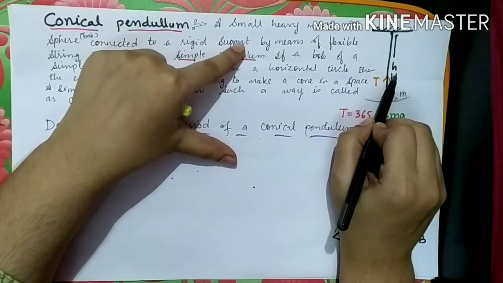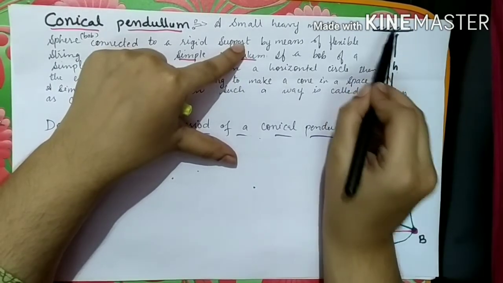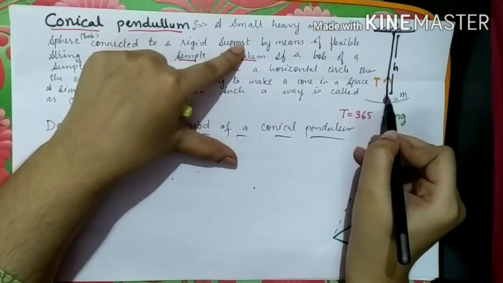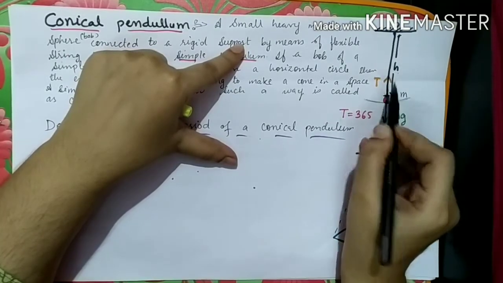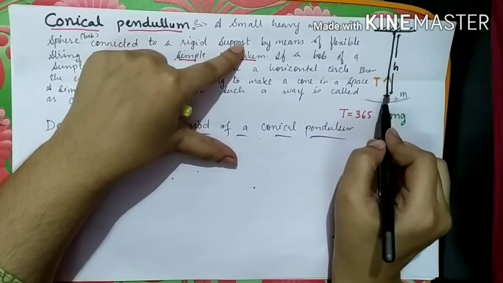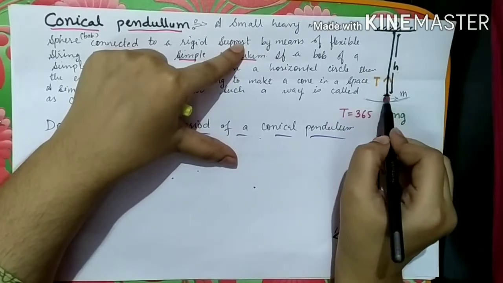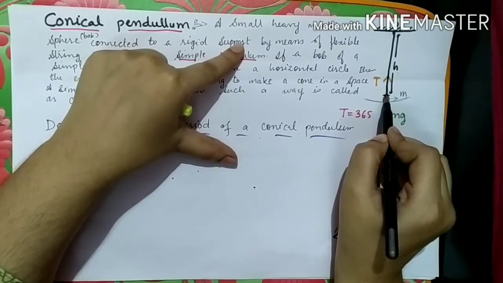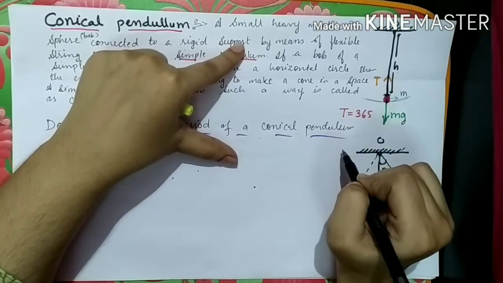Vertical height means what? It is the distance between point of suspension O to the surface of the bob. This is H. So from point O, this point of suspension, to this point, the surface of the bob, is called the vertical height.